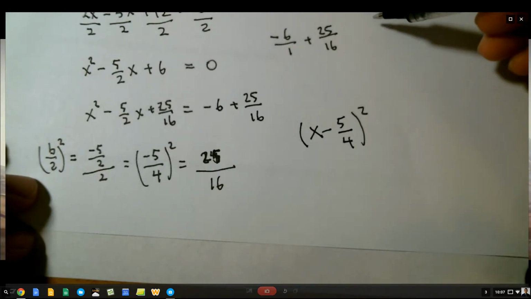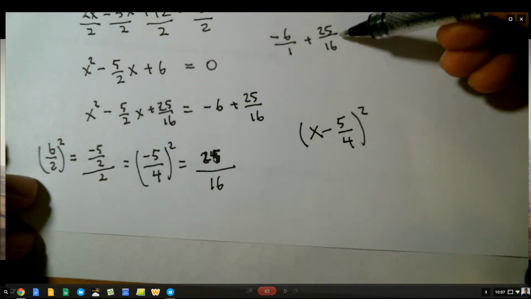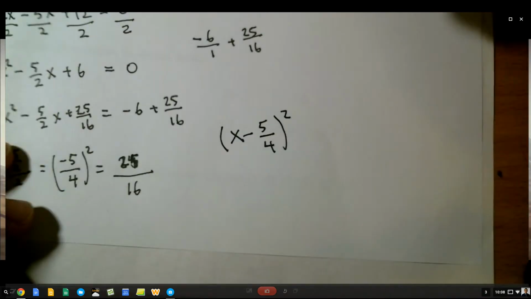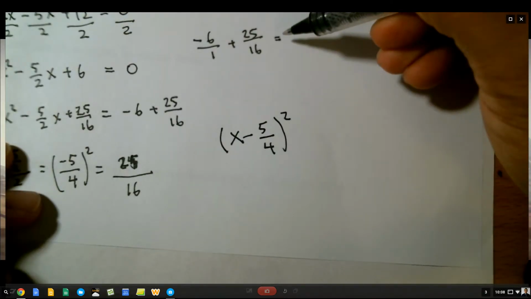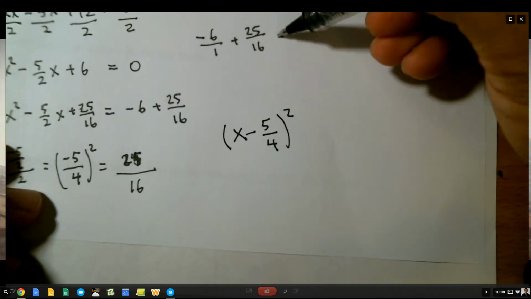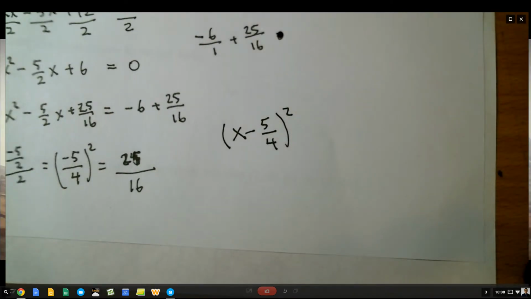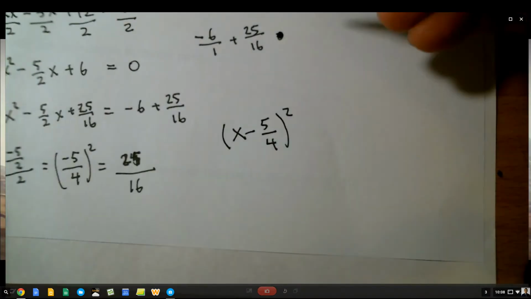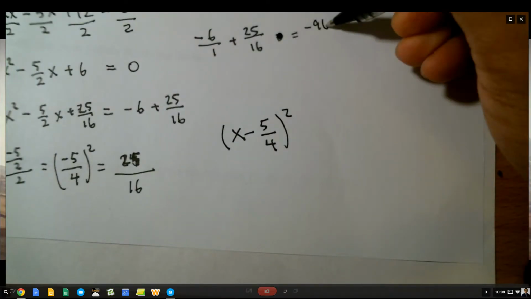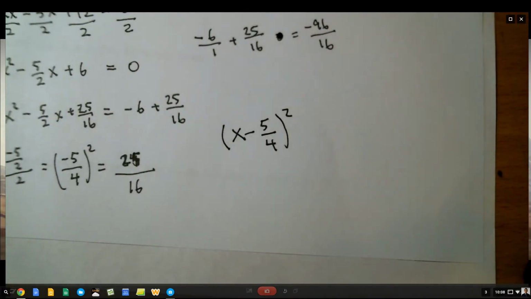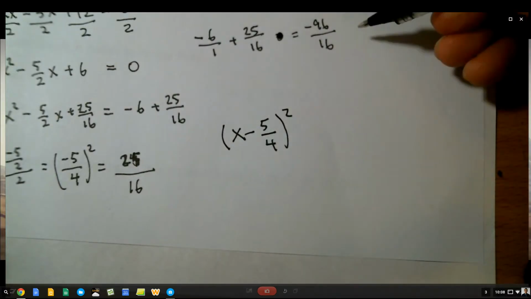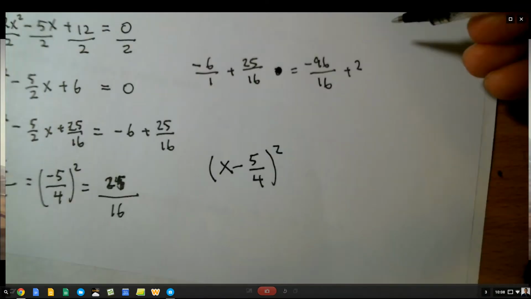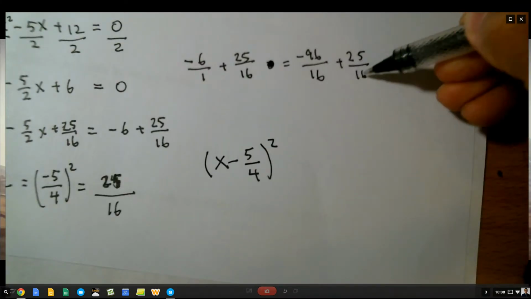So 6 times 16, you get 96. Negative 96 over 16 plus 25 over 16.